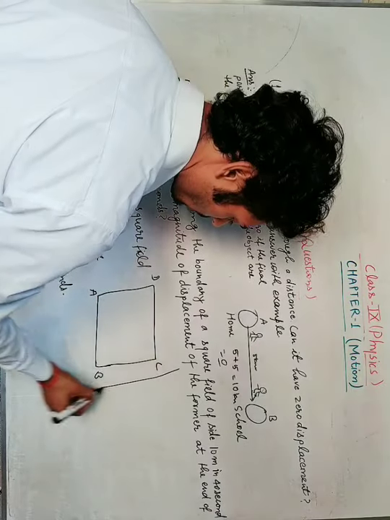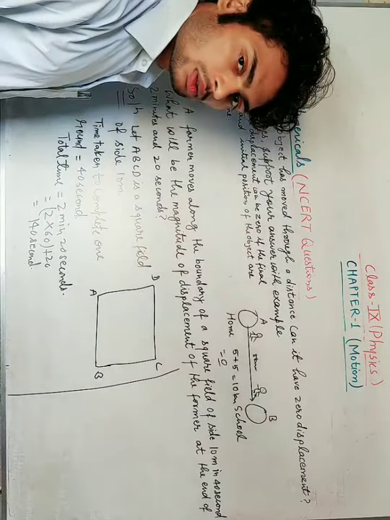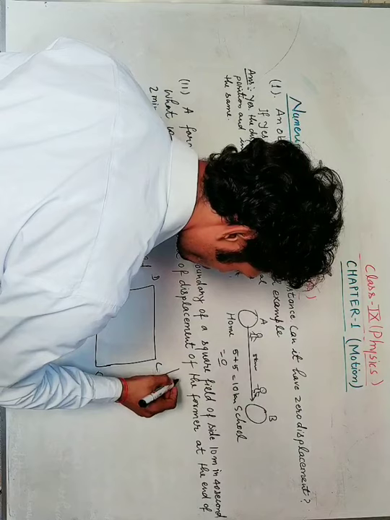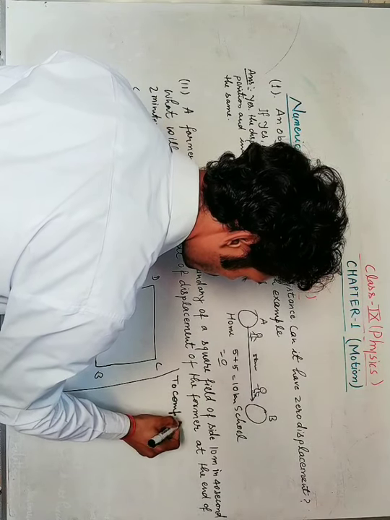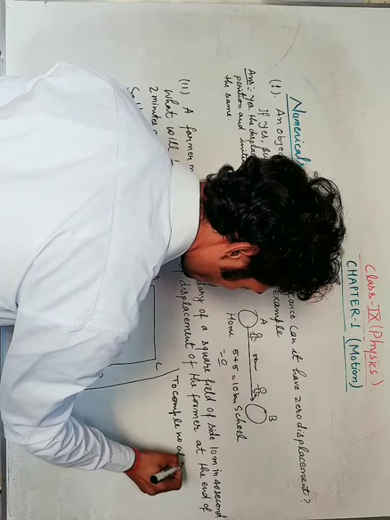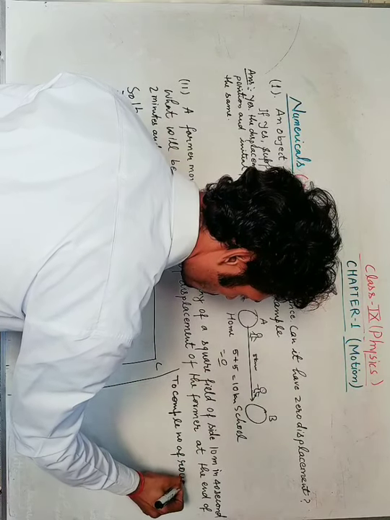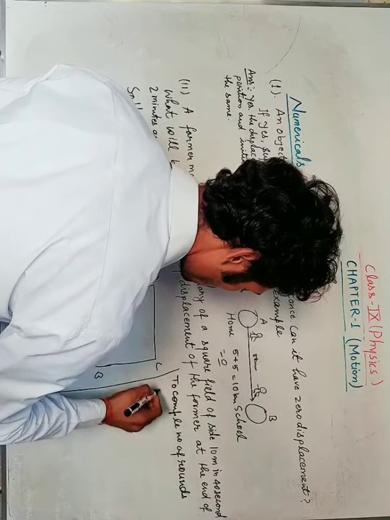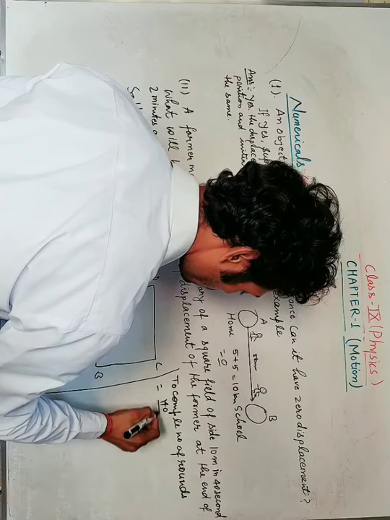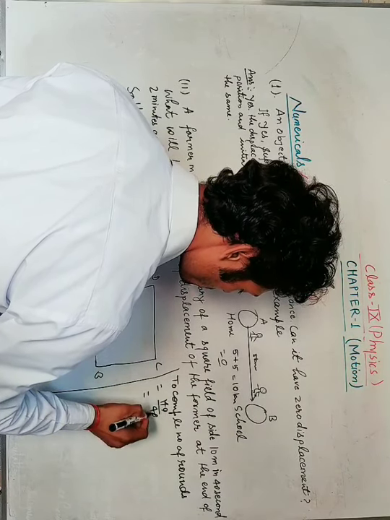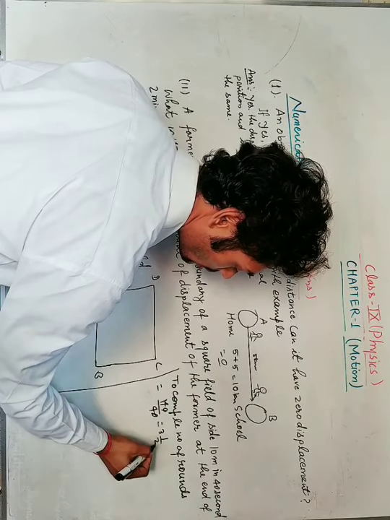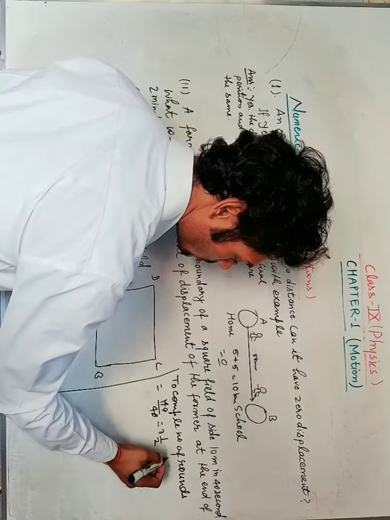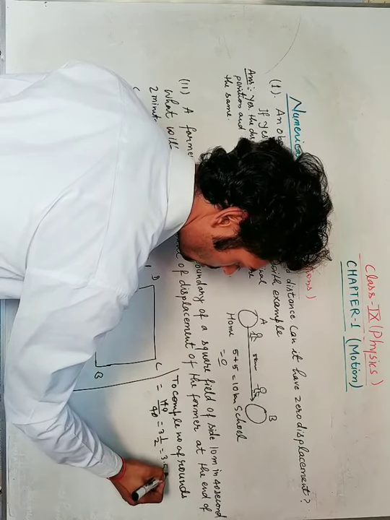So complete number of rounds equals 140 by 40. So it becomes 3 and a half, equals 3.5 rounds.